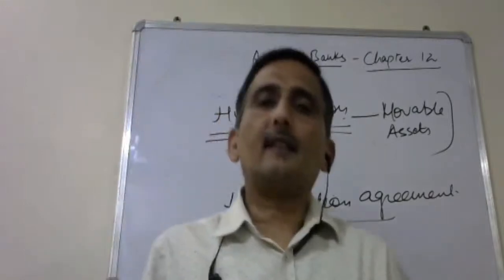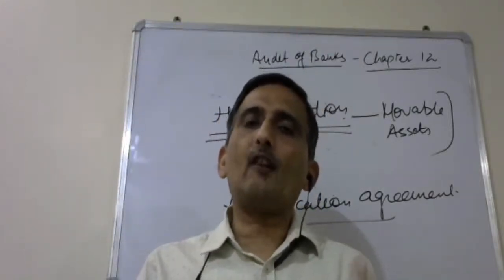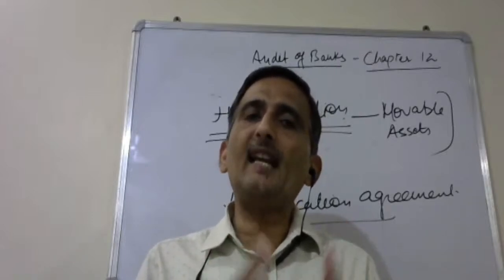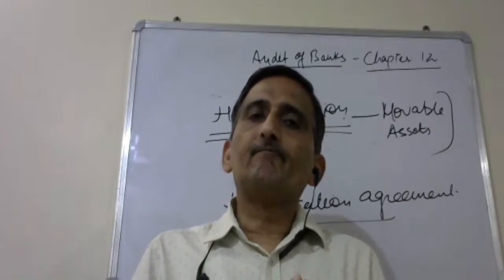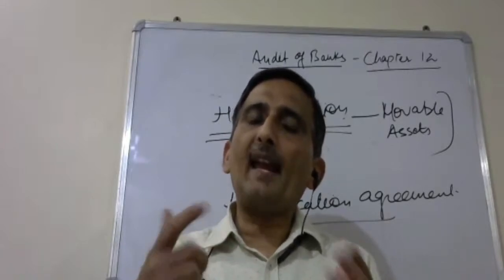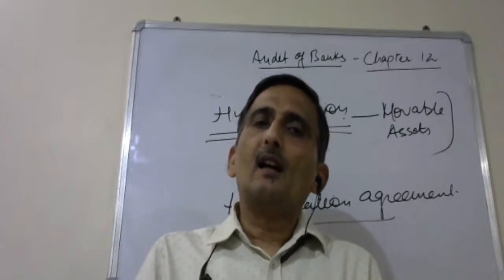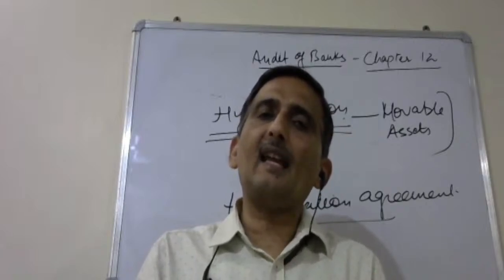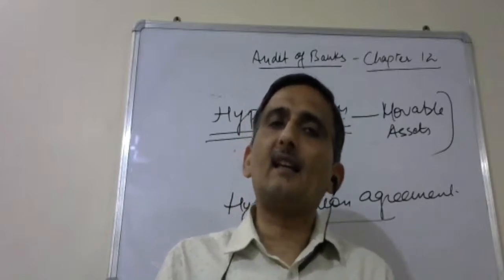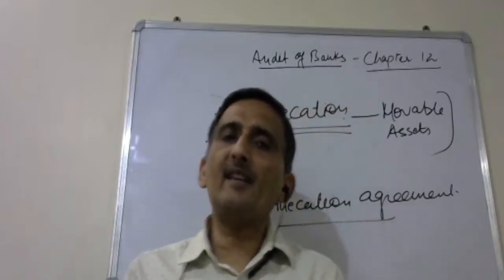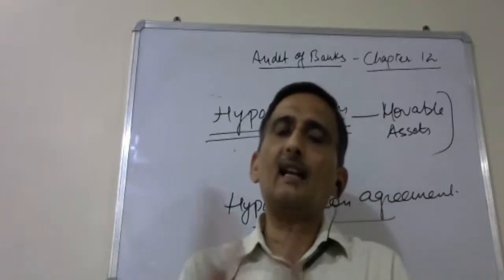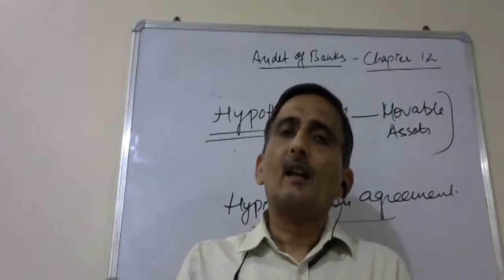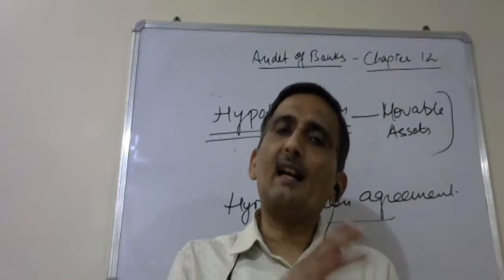Tanu is asking, sir, please explain set off once again. Simply, it means giving the right to the bank to adjust the debit balance in my loan account with the credit balance lying in some other account within that bank. Say I have a car loan and rupees 2 lakh is outstanding, and I also have a saving account in the bank.